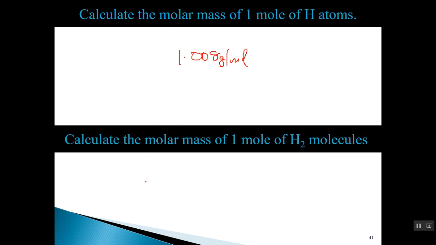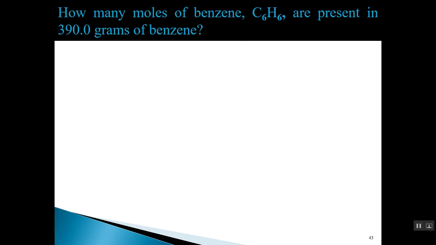But in the case of hydrogen molecules, it would be 2 times 1.008 grams per mole, which would be equal to 2.016 grams per mole. All right? So this is just a simple example underscoring the difference between 1 mole of hydrogen atoms and 1 mole of hydrogen molecules.